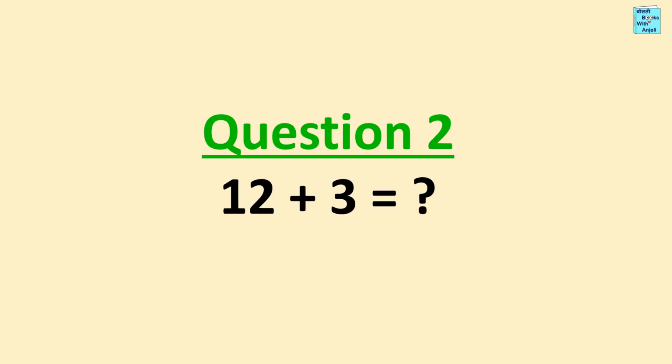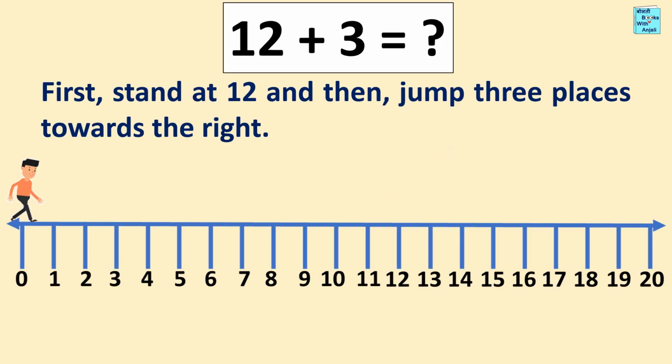Next question, 12 plus 3 is equal to what? Again, on the number line, the person will stand at number 12 and we have to add 3. So, we will jump 3 times. From 12, we'll go to 13, then 14 and finally 15.